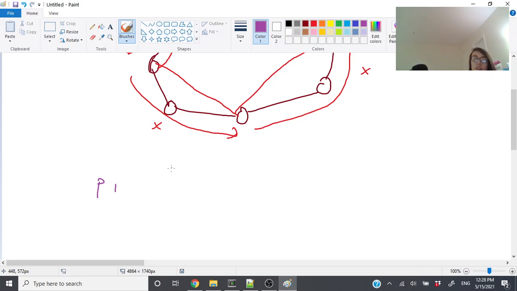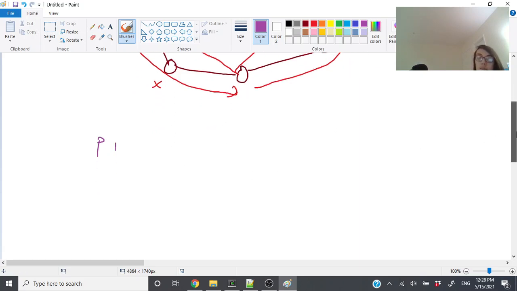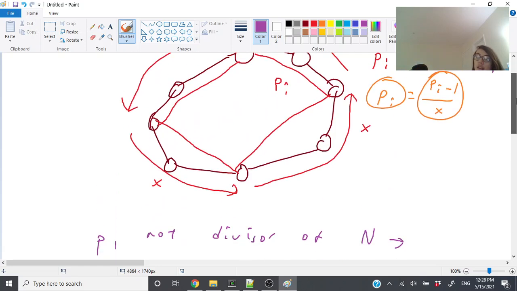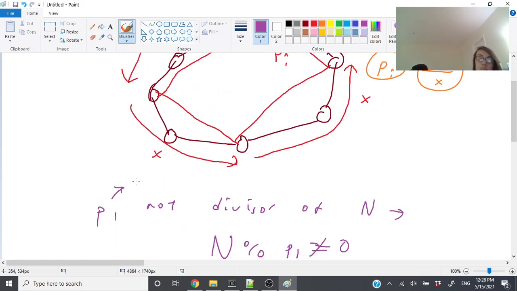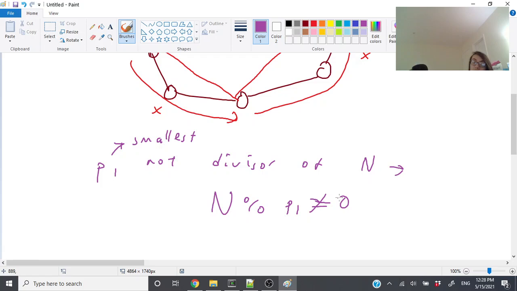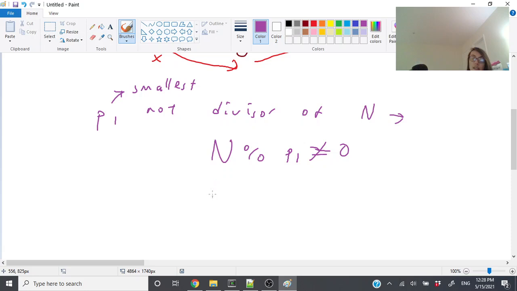So if p1 is not a divisor of n, that means n mod p1 is not equal to 0 by definition. Also, we're considering the smallest polygon. Basically, if the smallest polygon is not a divisor of n, then n mod the smallest polygon is not equal to 0. And every other polygon is going to be a multiple of p1.